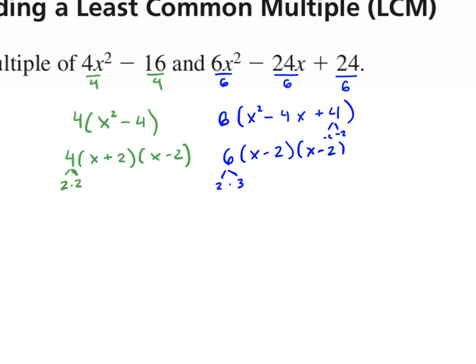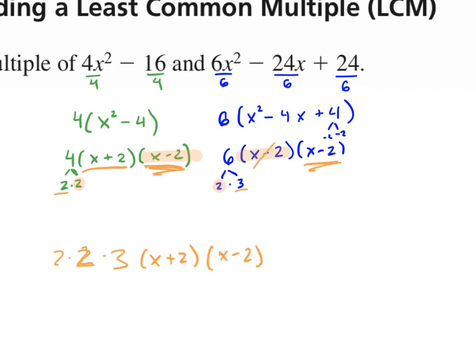So first thing we want to do is take our numbers and find our least common multiple between the two. We just did this example in the last one. 2 and 2 overlap, so we're only going to write that once. And then we have another 2 and a 3. Now with our polynomials, we have x minus 2 and x minus 2 that overlap, so we're only going to write that once, but we have this x plus 2 and x minus 2, but we only write it once.